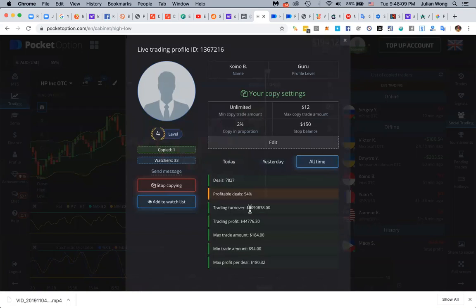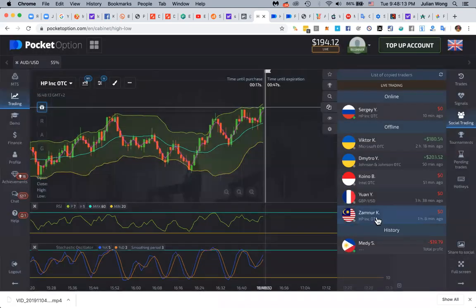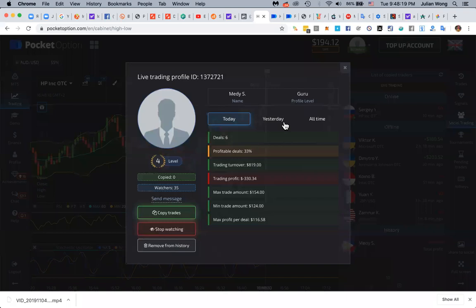If their general stats are quite okay, then I'll probably still keep them. But if they lost and I see that they're perpetually doing all this stupid OTC stuff, then I'm just going to cut them. Like this guy, I already cut him yesterday.